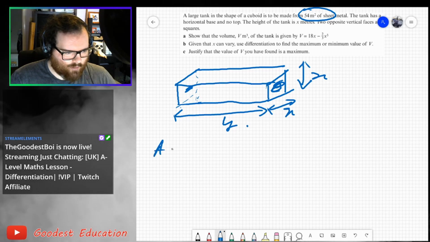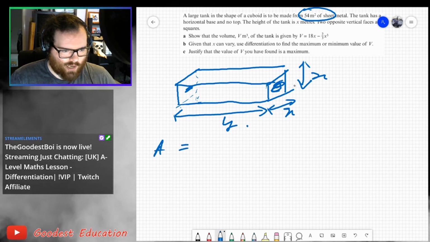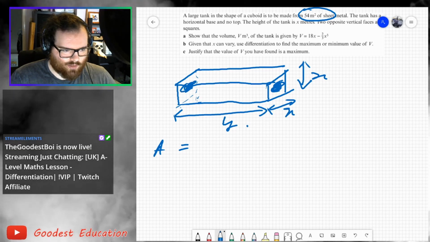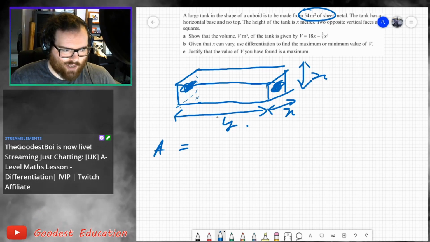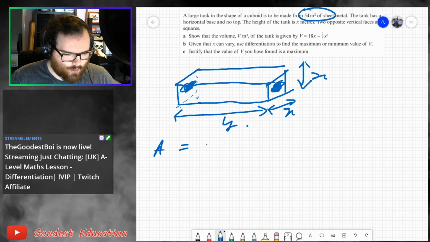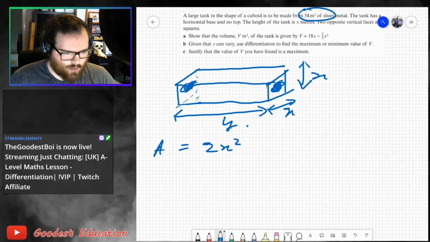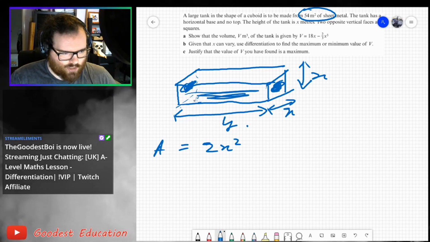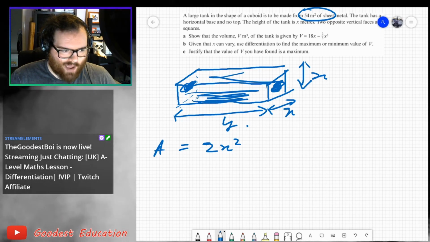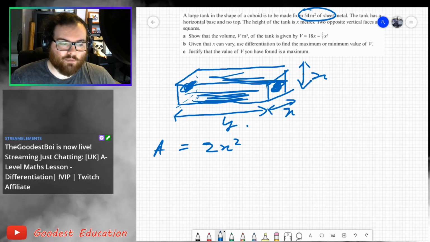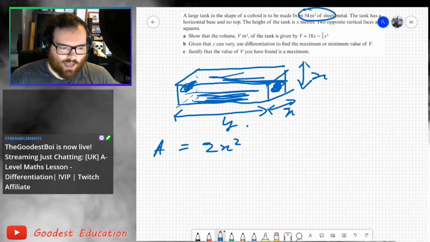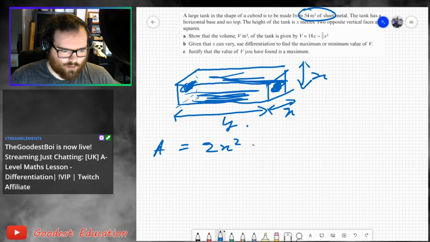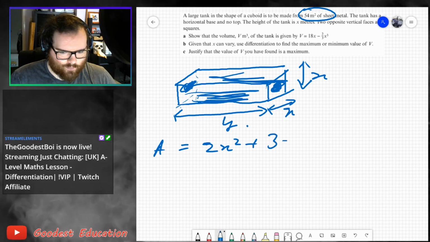So the total area: this face here and this face here have an area of x squared, and there's two of them. So 2x squared. And then we're going to have this face at the front, the face on the bottom, and the face on the back. But we don't have a face on the top because it's not got a lid. The area of those is going to be y times x, so we're going to have plus 3xy.